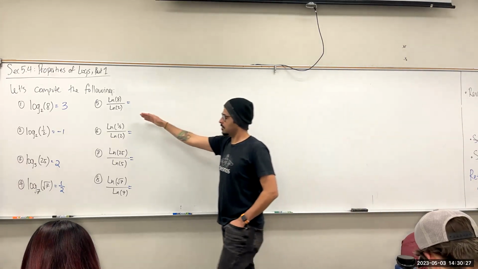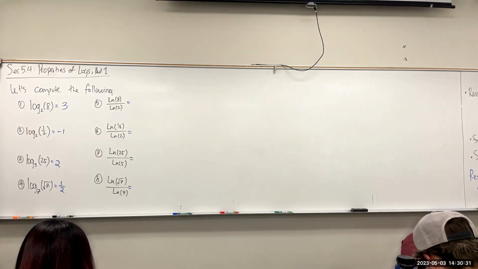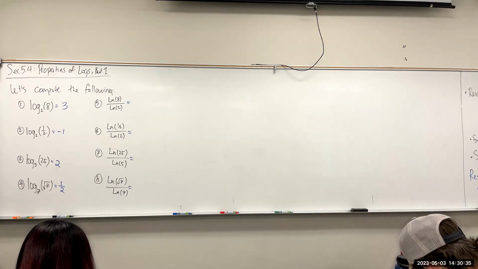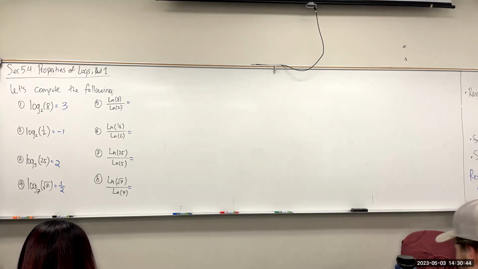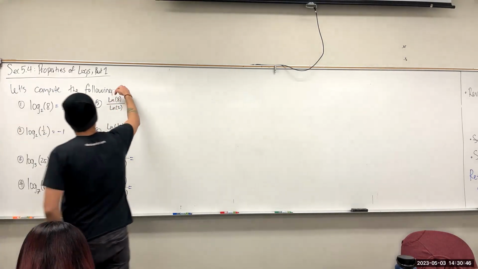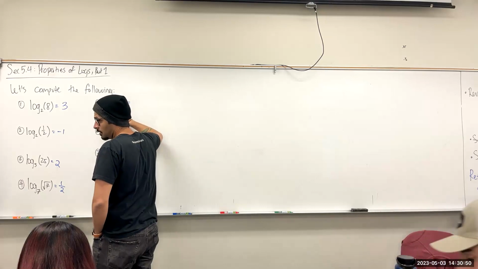So you guys can do this in your calculator, I'll help you out. I think what you're gonna do is you're gonna do 8 ln, divide, and then do 2 ln.